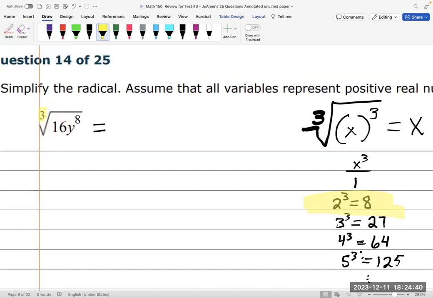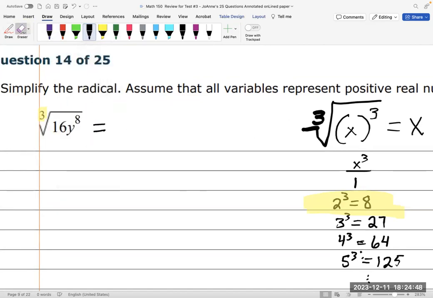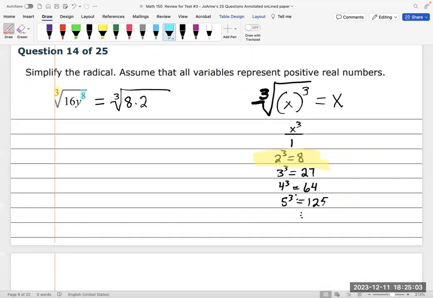Can I rewrite 16 as a factor of 8? I sure can. So 16 is the same thing as 8 times 2. Then looking at this y to the 8th, what I'm looking for is a number smaller than 8 and divisible by 3.